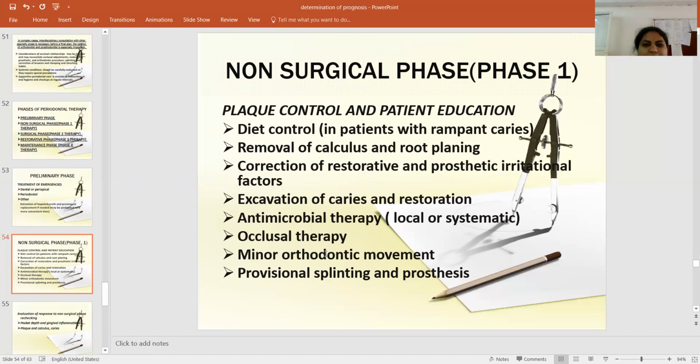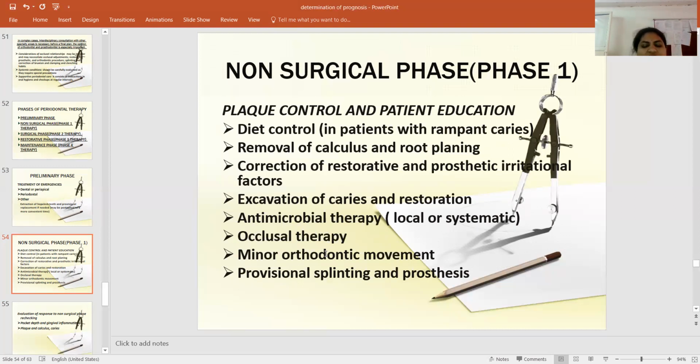It includes plaque control and patient education, diet control in patients with rampant caries, removal of calculus and root cleaning, correction of restorative and prosthetic irritational factors, excavation of caries and restoration, antimicrobial therapy, local and systemic, occlusal therapy, minor orthodontic movement, provisional splinting and prosthesis. So basically, all those things we can do in the non-surgical phase.